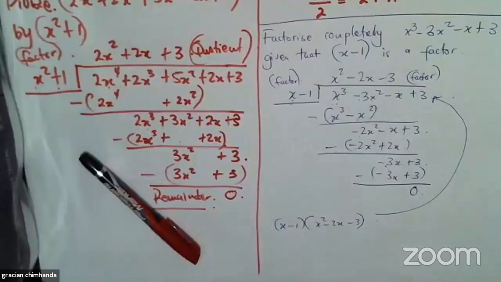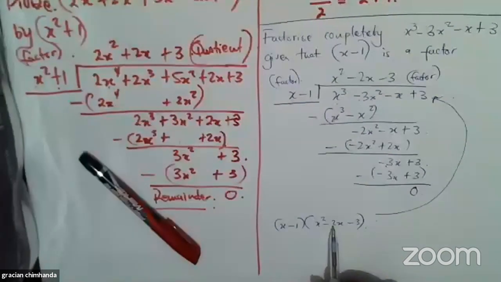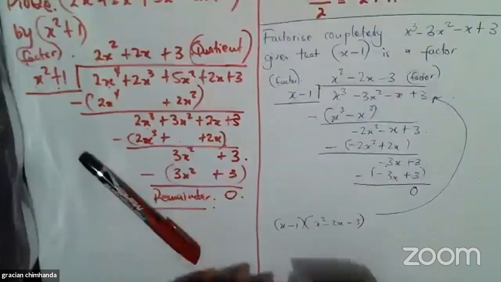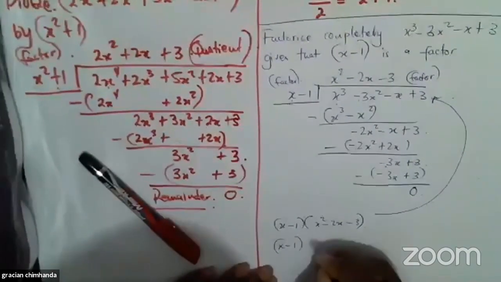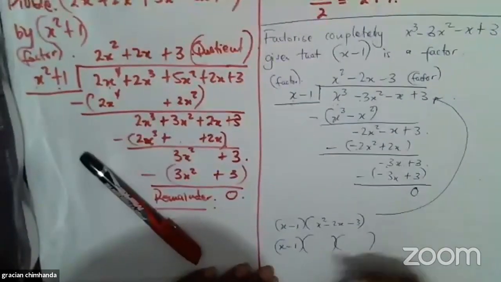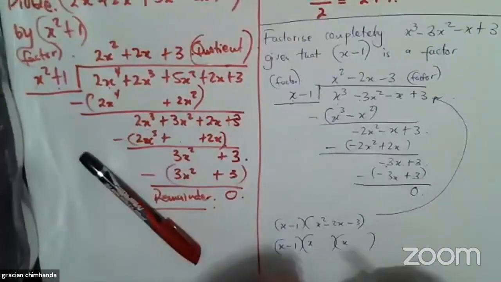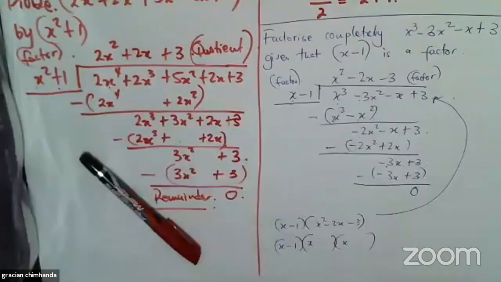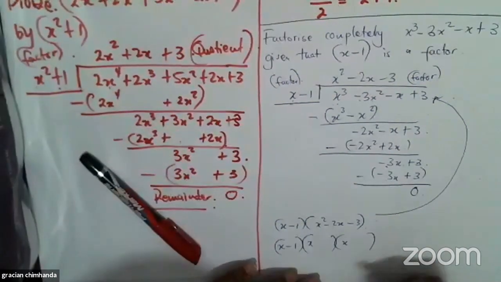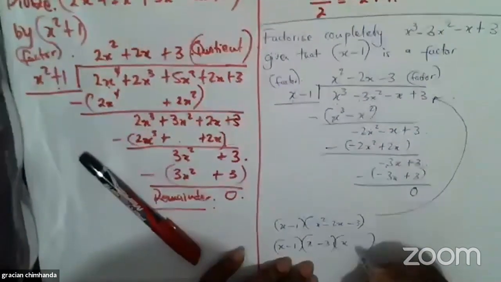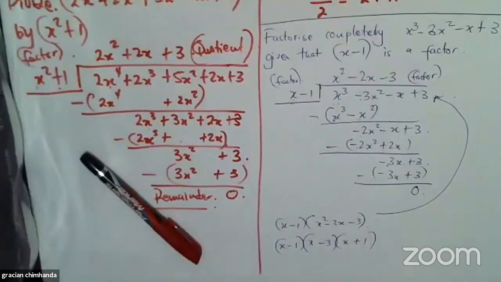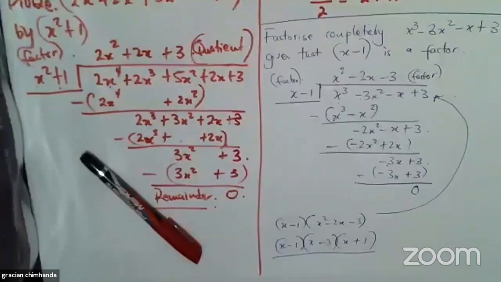But I'm interested in factorizing, so I'm going to factorize further. I know how to factorize a quadratic expression, and this one is already a factor. So I open 2 brackets, x and x. We've done factorizing in grade 10 or grade 9. So this becomes minus 3 plus 1. Then I have completely factorized.